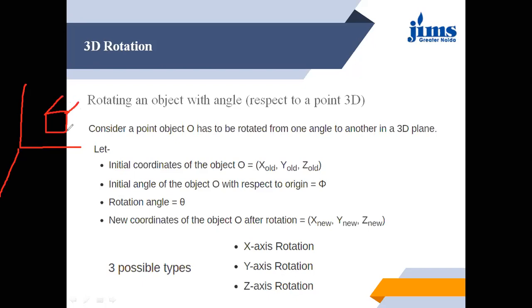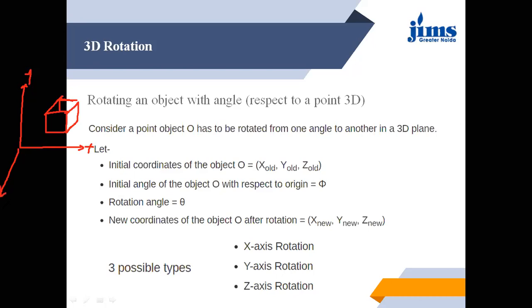Now we want to rotate this object. Then this is the x-axis, this is the y-axis, and this is the z-axis, as we know very well.